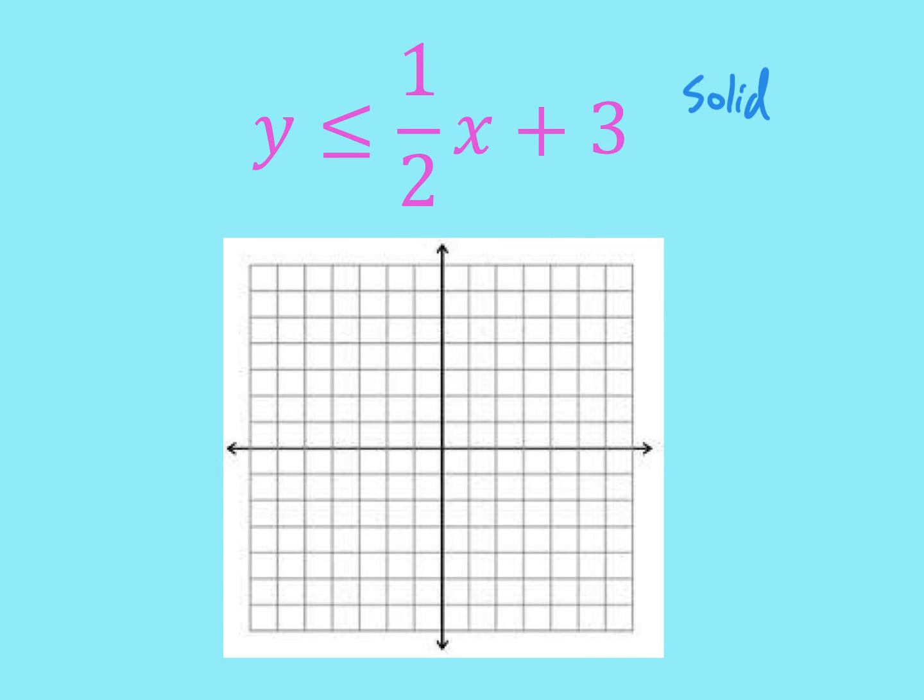Is this one in slope-intercept form? Yes. So guess what? To graph it, we've got to pull the same information that we had before. Remember, the steps to graph are you need to identify your b value, which is your y-intercept, and then you need to identify the slope. Well, what is the b value in this equation here?